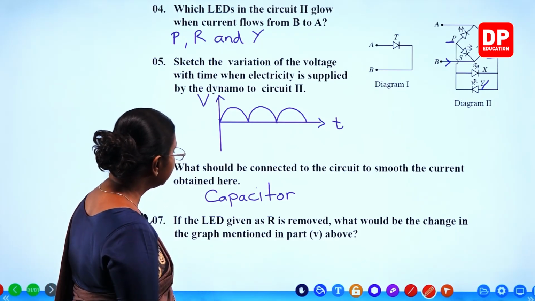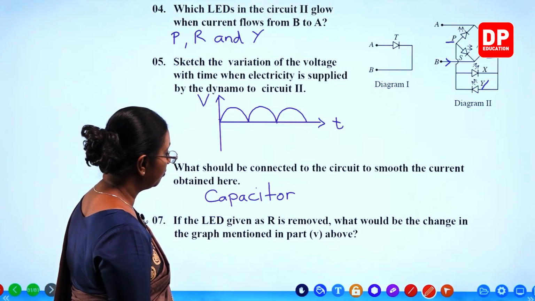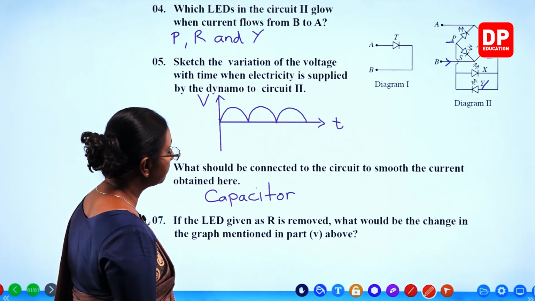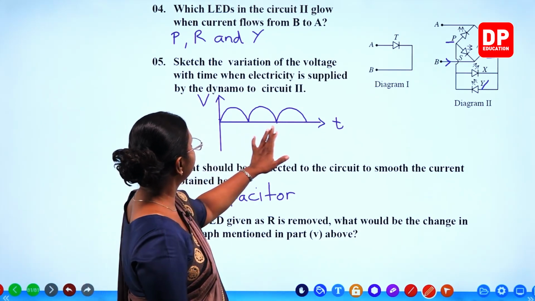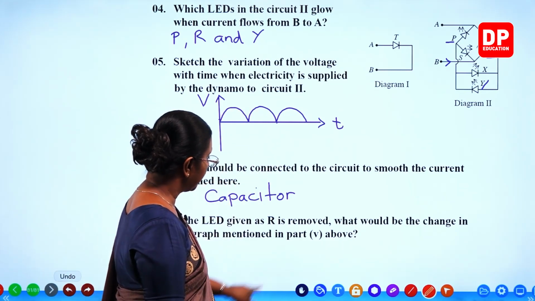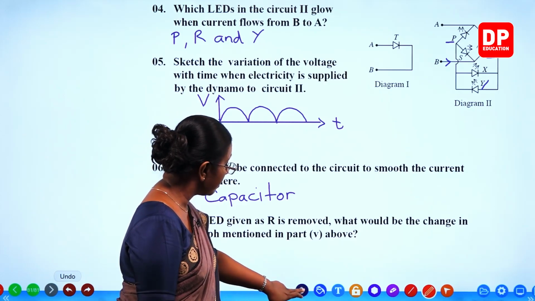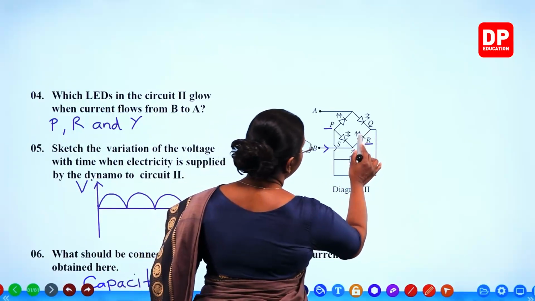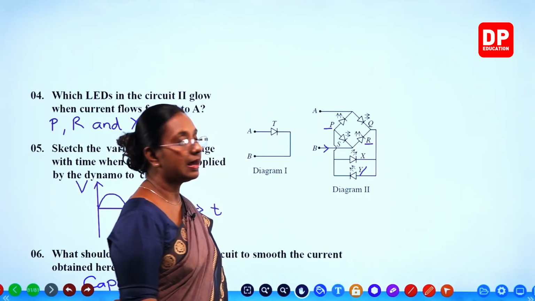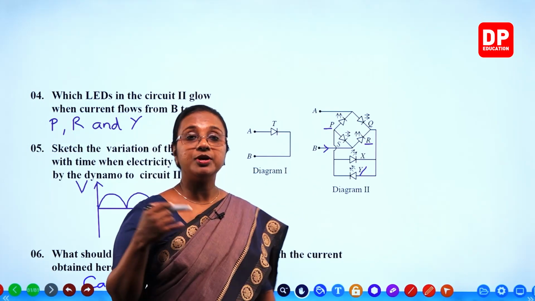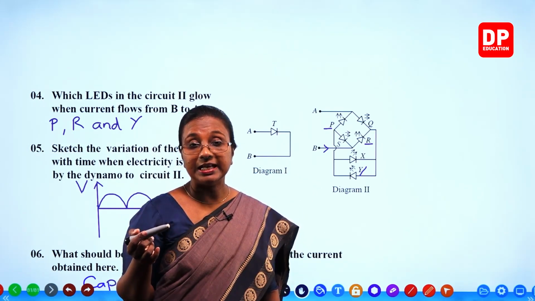If the LED given as R is removed, what would be the change in the graph mentioned in part 5 above? Part 5 is this. You have the full wave rectified current. Now out of that, if R is removed, what will happen? So here, students, from the bicycle dynamo, it's going to be the alternating current.